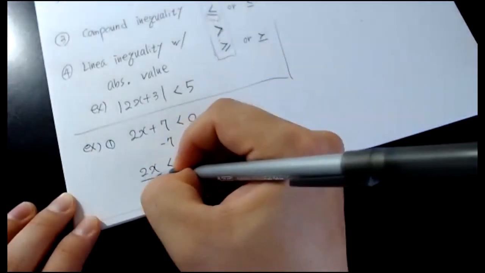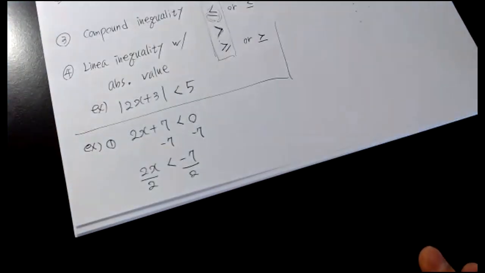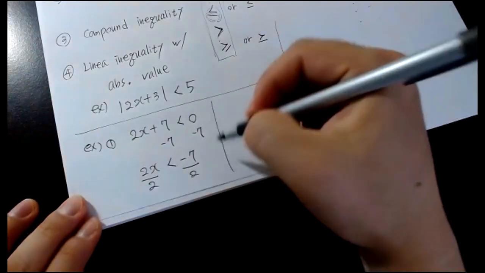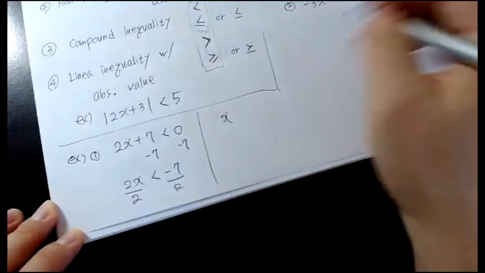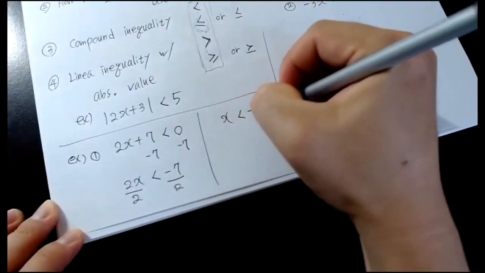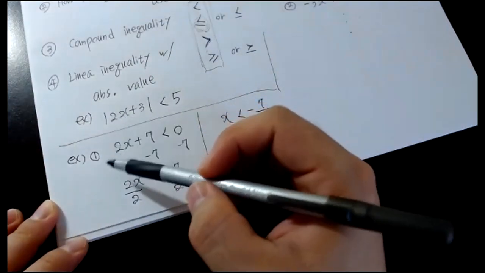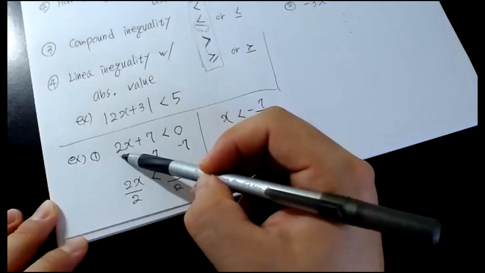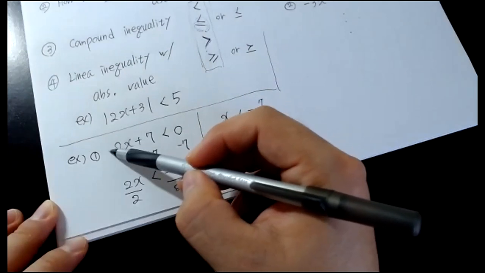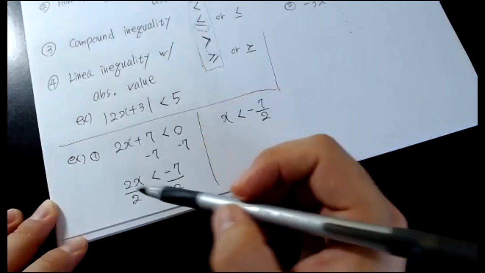And then we divide by 2. This is exactly the same as what we did in linear equations with one variable, right? So now we're gonna get x is less than negative 7 over 2, right? But what if the sign of the number 2 is negative?